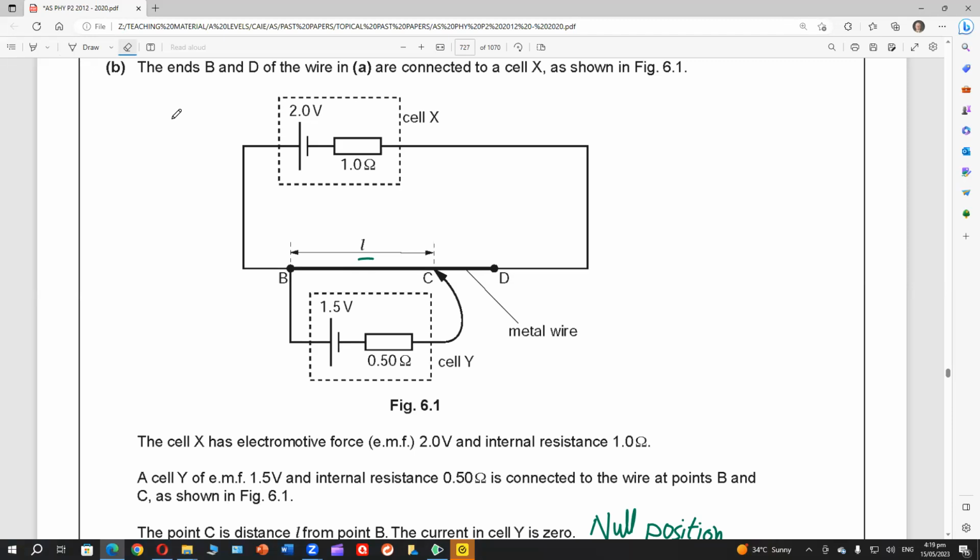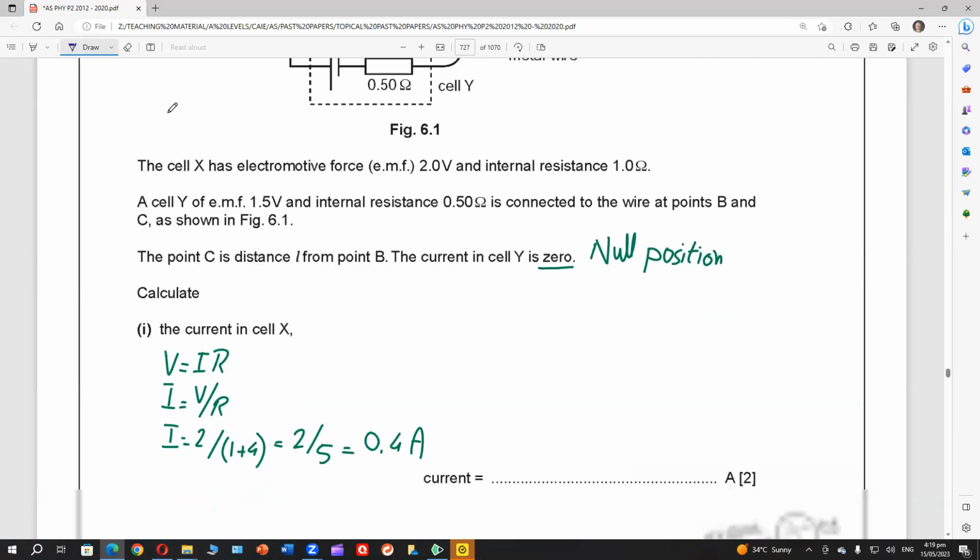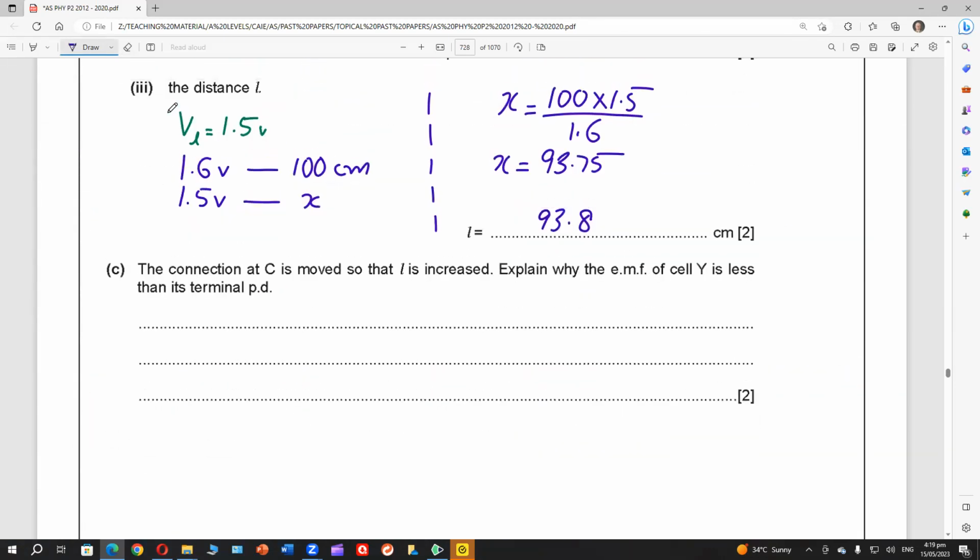Now he says that he is moving the slider. The connection at C is moved so that L is increased. Explain why the EMF of the cell is less than its terminal PD.